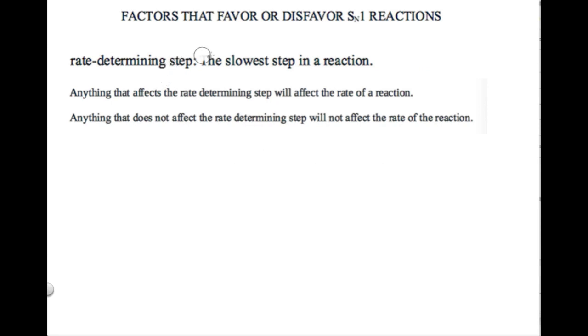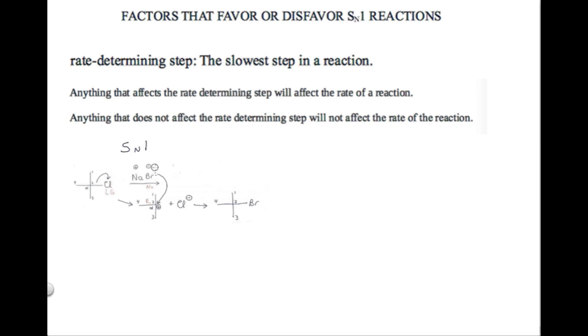Let's try to apply this concept to an SN1 reaction. Do you remember, first of all, how many steps are there in an SN1 reaction? Answer: there are 2 steps in an SN1 reaction. Question: what happens in those 2 steps? Answer: in the first step of an SN1 reaction, the leaving group leaves the alpha carbon.